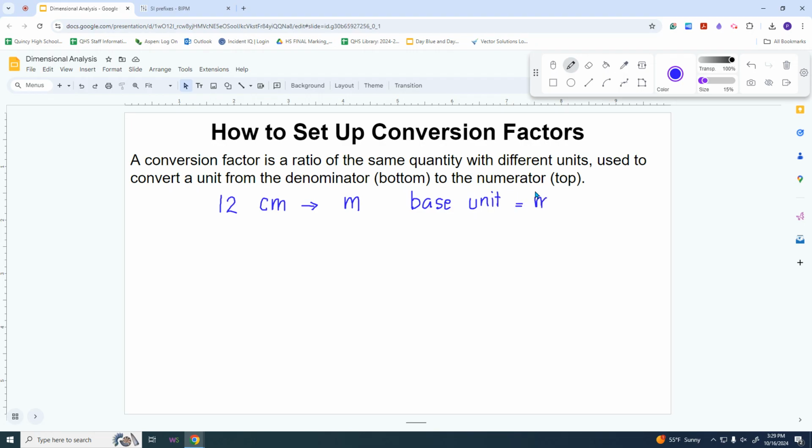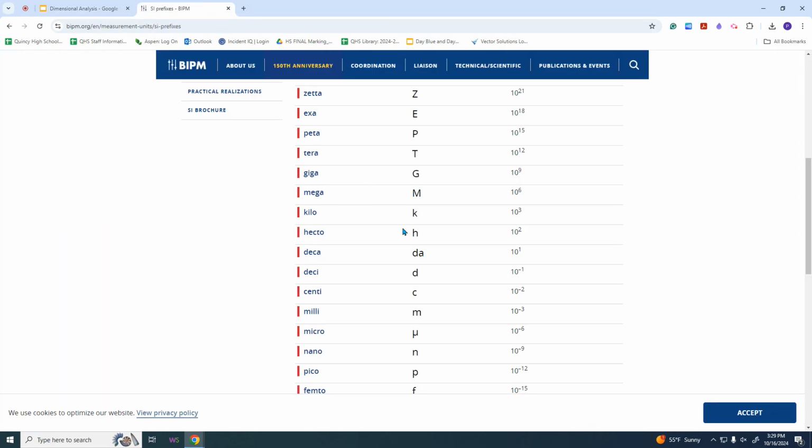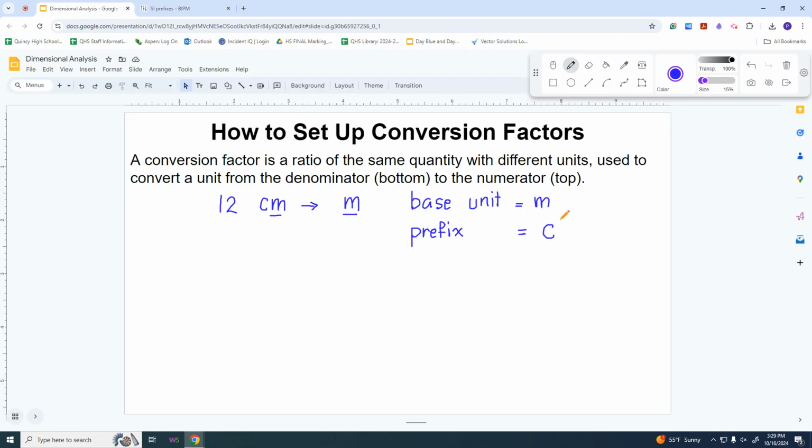Okay, this is the base unit. And your prefix is C, and C is 10 to the negative 2, centi. Over here, centi is 10 to the negative 2. Okay, so you have to know this. So centi equals 10 to the negative 2.